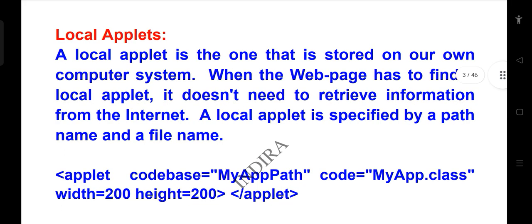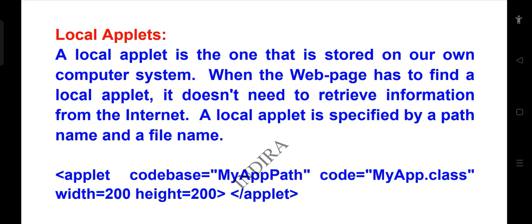A local applet exists within the user computer only. That means it is stored within the user's own computer system. Here the web page has to find a local applet, and it doesn't need to access information from the internet.